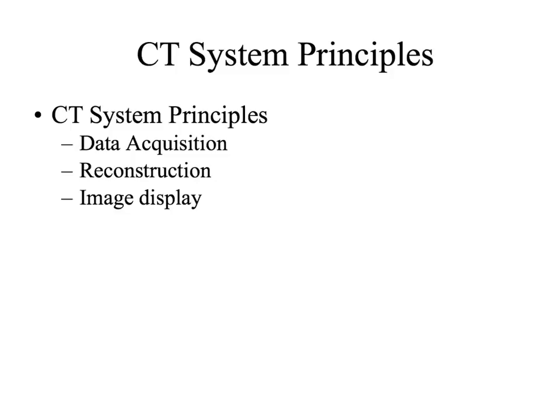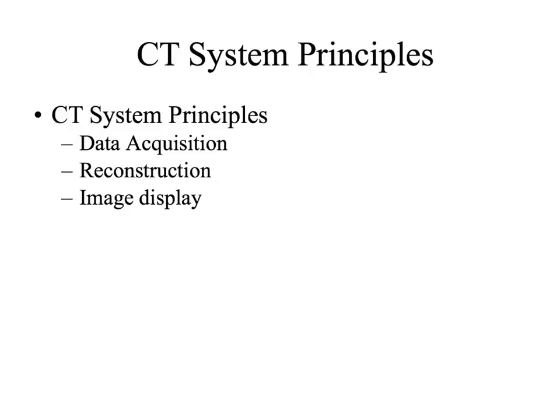So, a general overview of CT system principles. We're talking about data acquisition, right? So we're measuring linear attenuation coefficients of the body as we're spinning this machine around. Then we're using a computer to reconstruct that information, to spatially represent that information in a way that makes sense to us, and then we're displaying that information. That's all we're talking about.